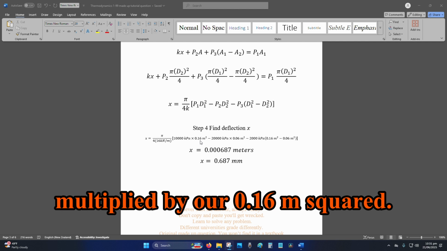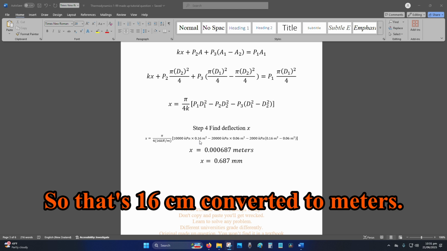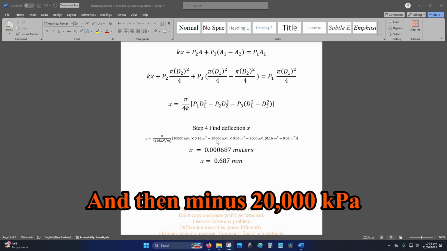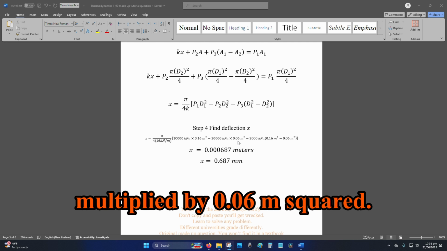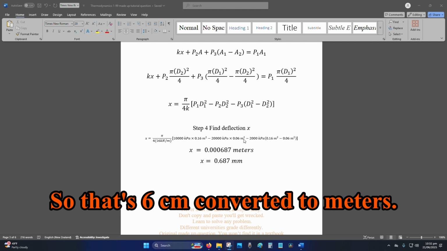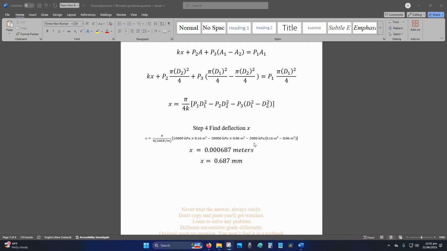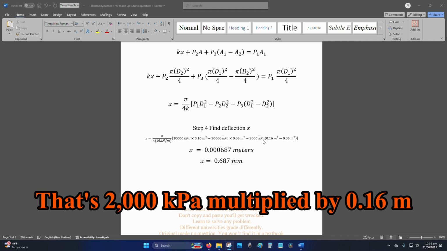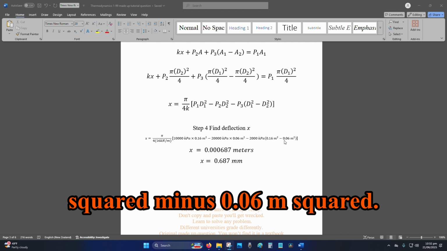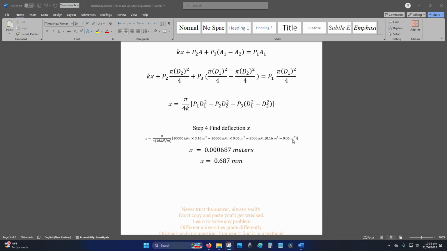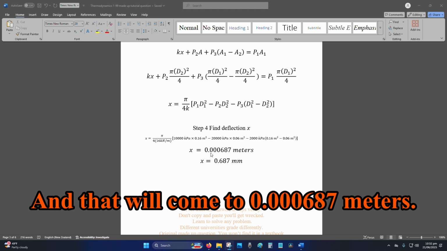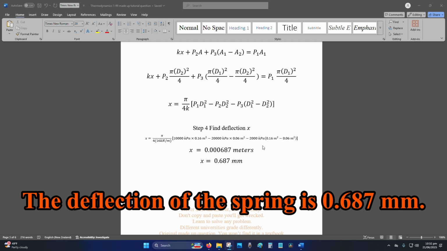multiplied by our 0.16 meters squared, so that's 16 centimeters converted to meters, and then minus 20,000 kPa multiplied by 0.06 meters squared, so that's 6 centimeters converted to meters, and then you square it, minus 2,000 kPa multiplied by 0.16 meters squared minus 0.06 meters squared, and that will come to 0.000687 meters, and the deflection of the spring is 0.687 millimeters.